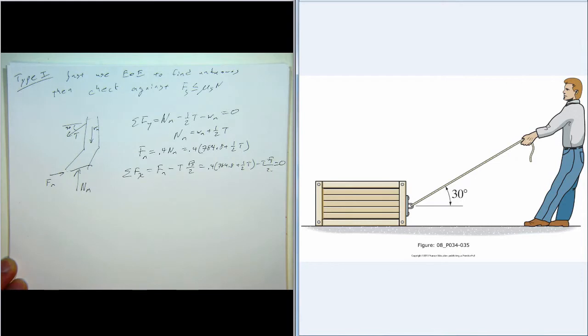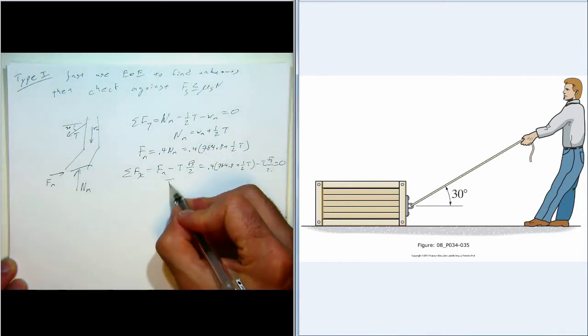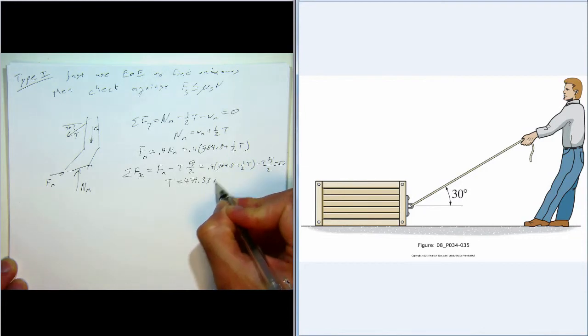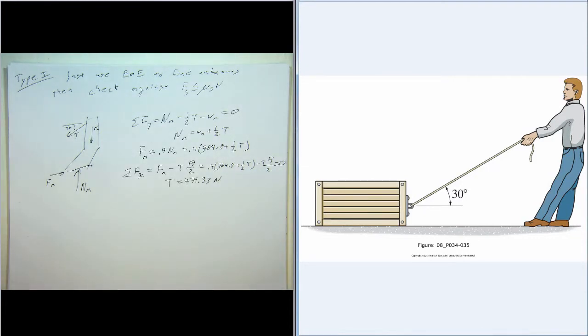So all that adds up to 0. And that gives us that T is 471.33 newtons. So that's the biggest horizontal force that the man can apply, or the biggest tension that he can generate.